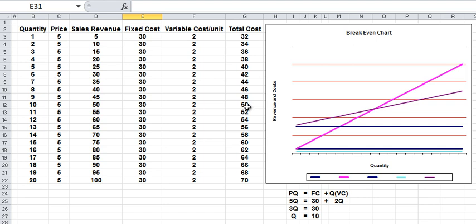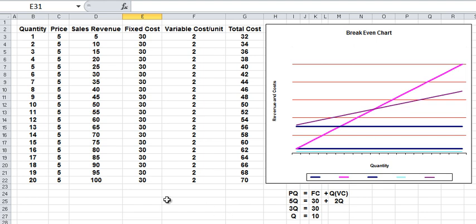And just to labour the point, here at the very bottom on 20, we've got the fixed cost 30, the variable cost 2, 2 times 20 is 40, 40 plus 30 is 70. And that's what's reproduced inside this graph.